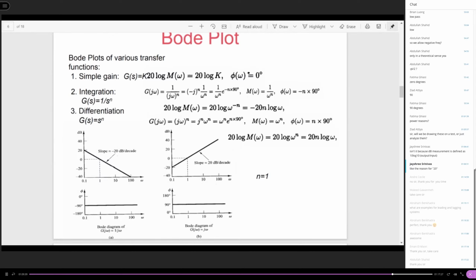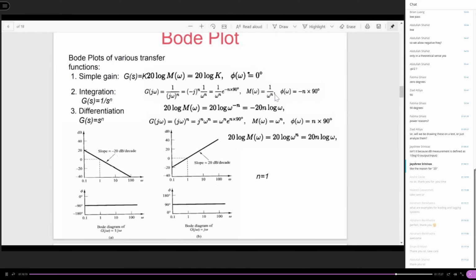Now, the second example is integration. G(s) is equal to 1 over s to the power of n. This is an integrator. When you have a power of n, it means that you actually have n integrators in this system. For this kind of system, G(j omega) is equal to this, and M(omega) is equal to 1 over omega to the n.